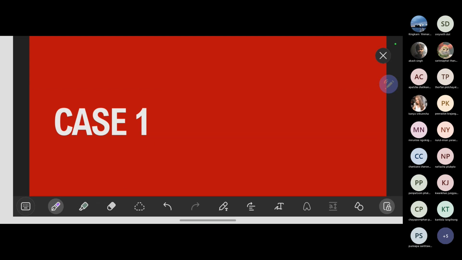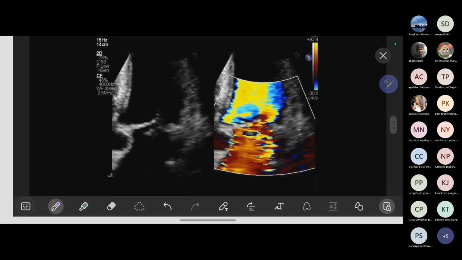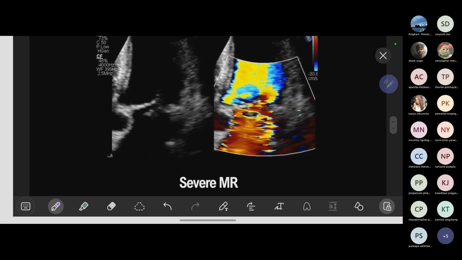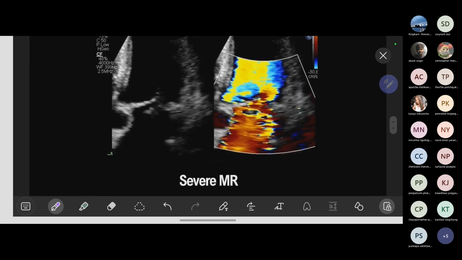Let's consider the probability of pulmonary hypertension by using the echocardiographic signs of pulmonary hypertension. It may help you a little bit. Okay, first one, a patient with severe MR, severe mitral regurgitation.